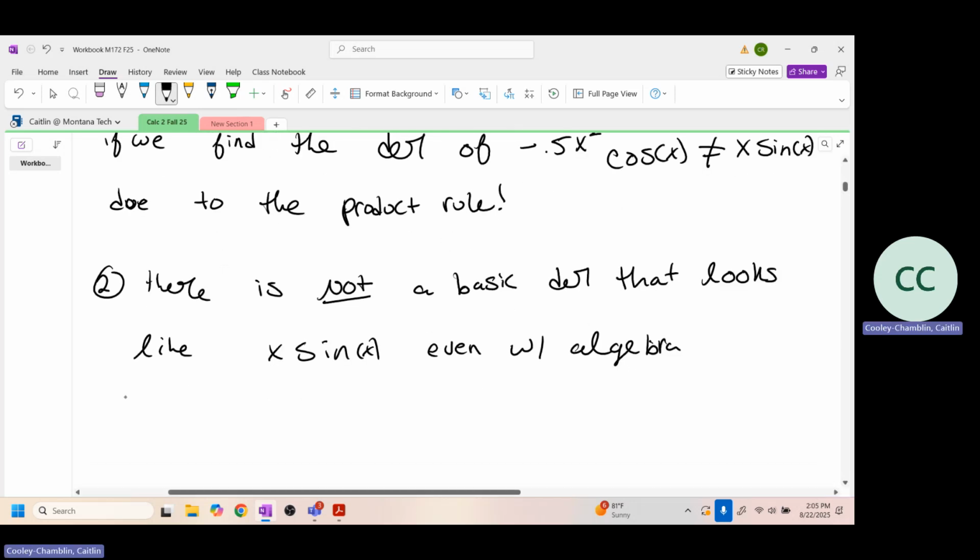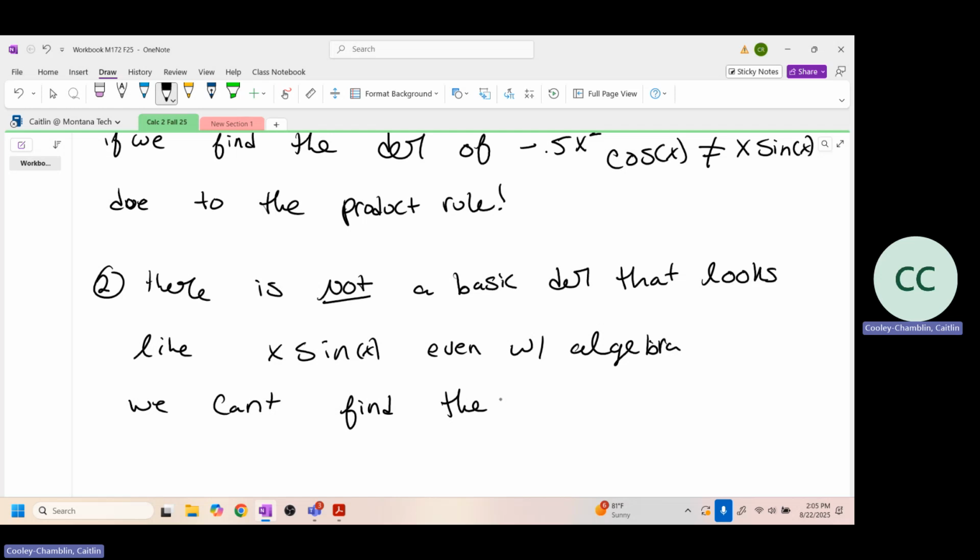So we can't find the antiderivative, and I'm going to put "yet." By the end of the semester, we will be able to find the antiderivative.